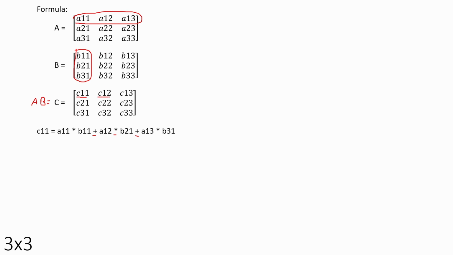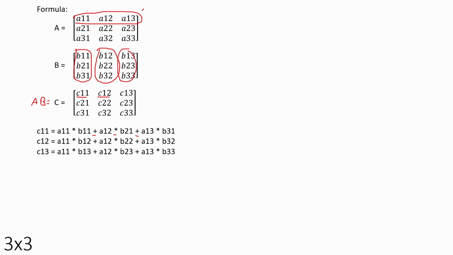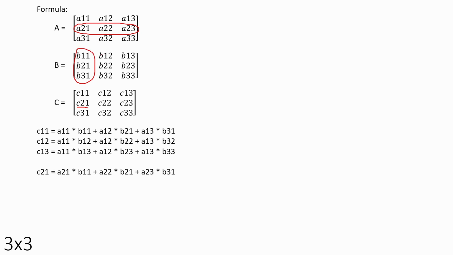Also the same for C12. It's still on the first row, but this time calculate this column for C12, and then for C13 as well, calculate this one. And next, to find C21, we move into the next row of matrix A, and then times this column.